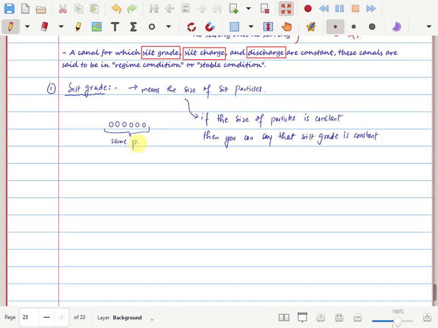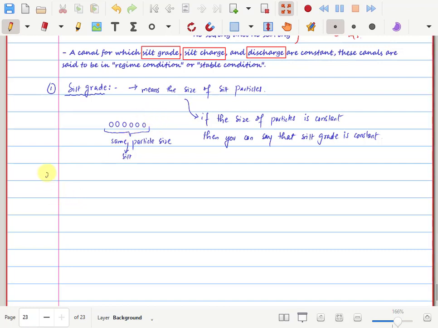Same particle size or same silt particle size. Then you can say that the silt grade is constant, because we have defined a canal for which silt grade, silt charge, discharge are constant. Then these canals are said to be in regime condition or stable condition, right? So silt grade means if all the silt particle sizes are same or constant, then your silt grade is constant.